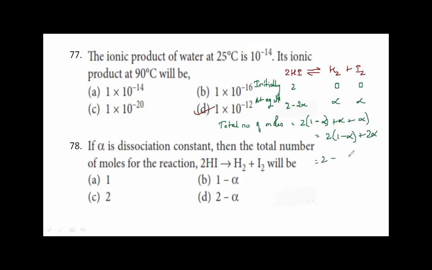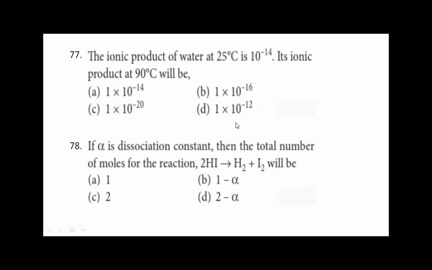So 2 minus 2 alpha plus 2 alpha. Minus 2 alpha plus 2 alpha cancels. What remains? It is option C, that is 2. So the total number of moles for the reaction will be 2. Is that understood? Yes? Okay. So the correct option is option C, that is 2.